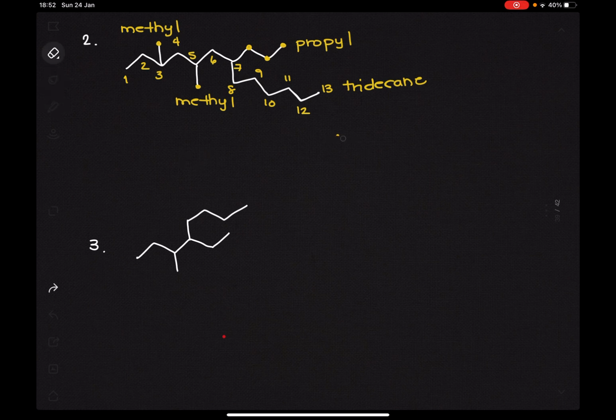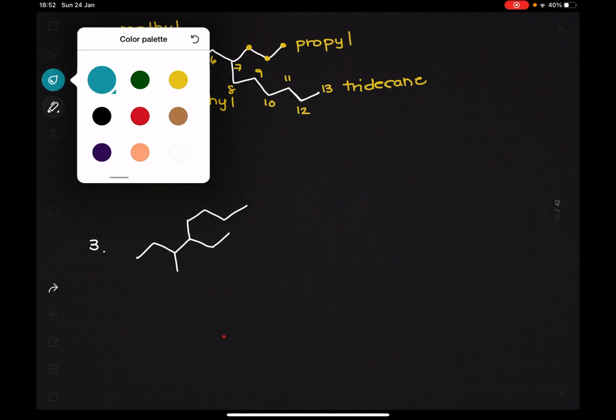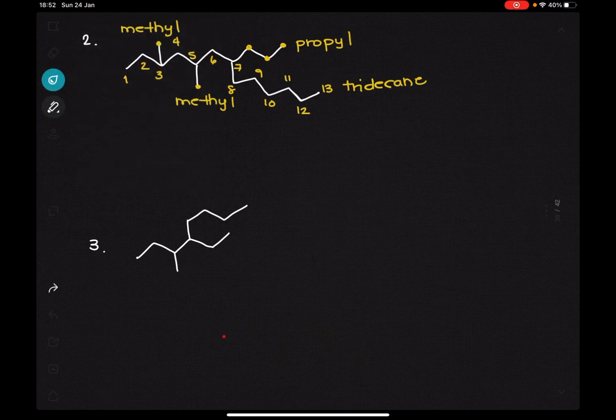So in this case, let me name my substituents first. I'm going to consider the P of the propyl, and I'm going to consider the M of the methyl. It doesn't matter that it's going to be a dimethyl. Prefixes for quantity do not count. I need to see what my actual substituent is.